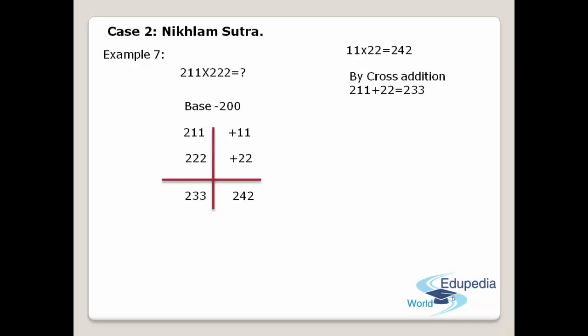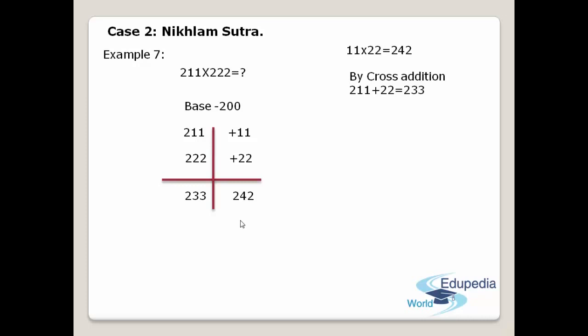Now check the base and the number you have got on the bottom of the right column. In the base you have 2 zeros, and on the bottom of the right column you have 3 digits, so they are not equal. One more thing you can notice is that the base is 200, which is neither 10 nor 100 nor 1000.